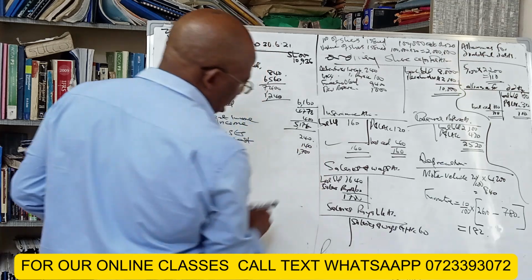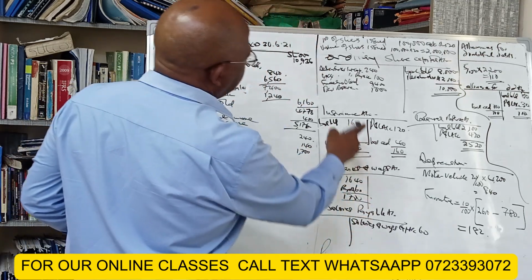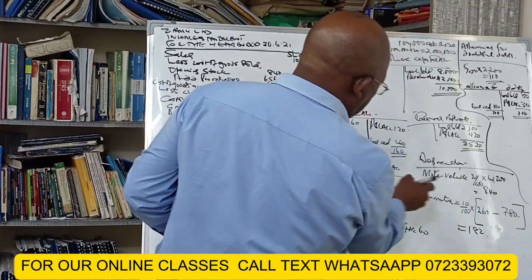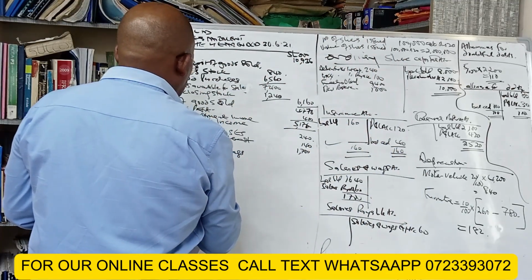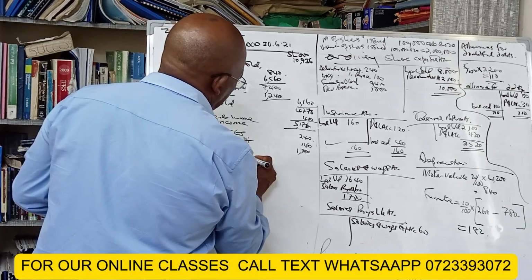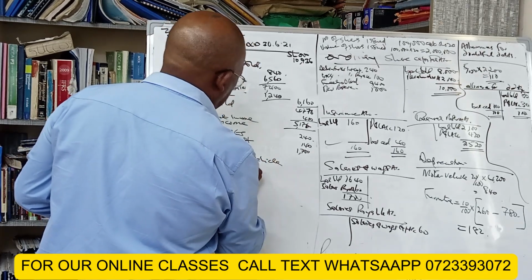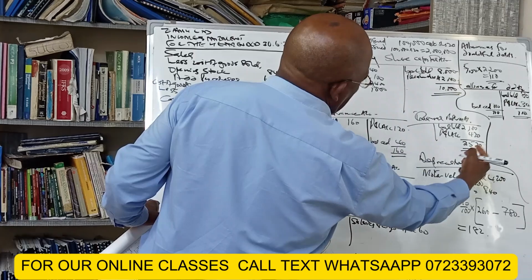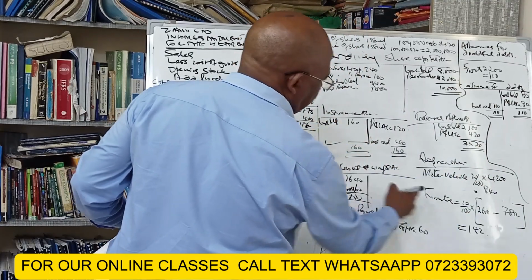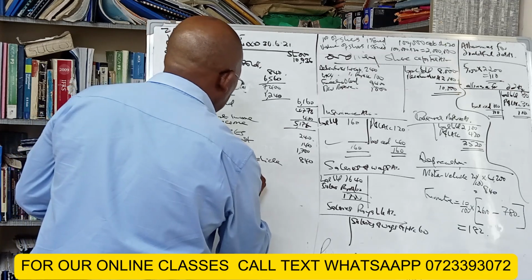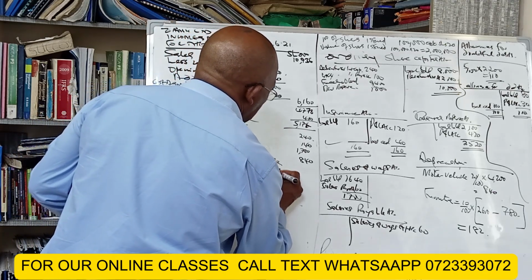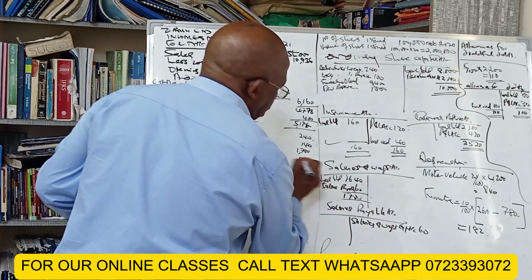Then we have depreciation, motor vehicle, we said it is 840. And furniture and fitting, we said it is 182.